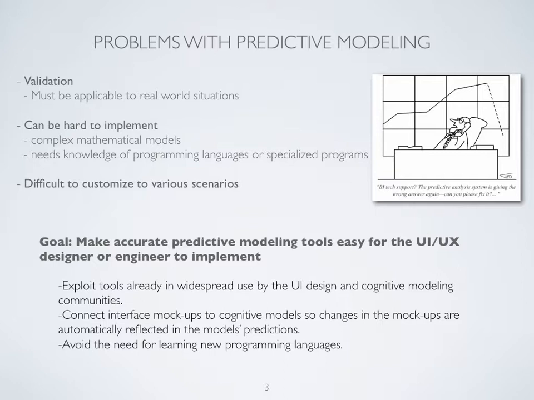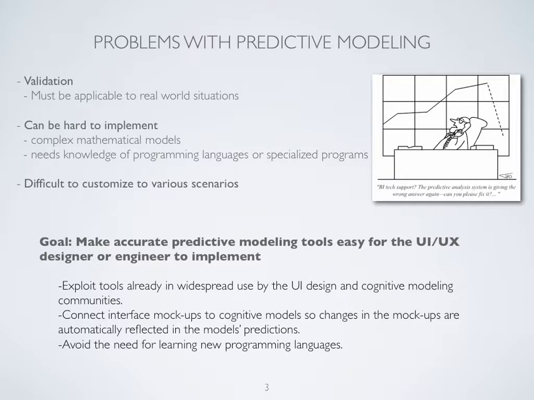Second, it can be hard to implement for many UX practitioners since the models are based in complex math equations, and in several instances, you may need to know specialized programming languages or special programs to run these models. And likewise, it can be difficult to customize or change once a model has been done. So it's not very flexible.